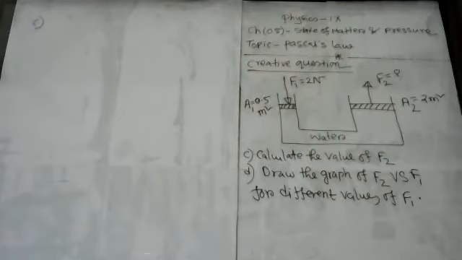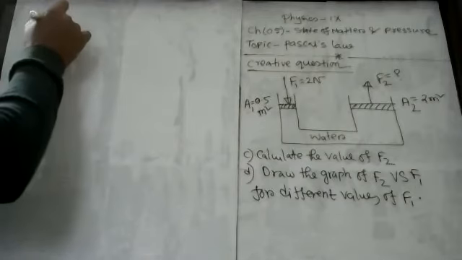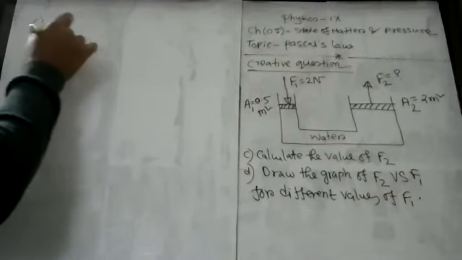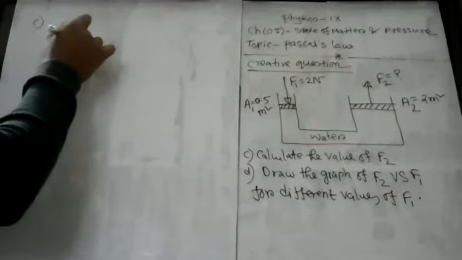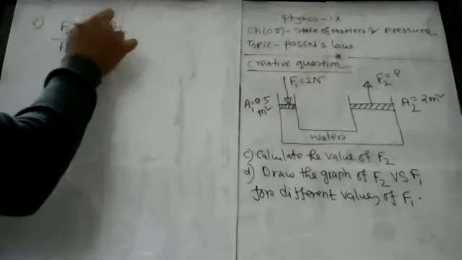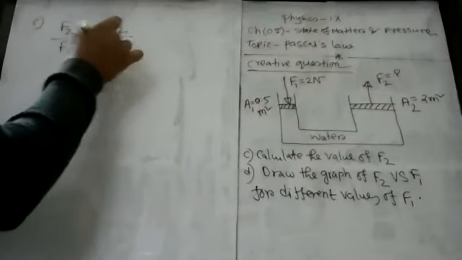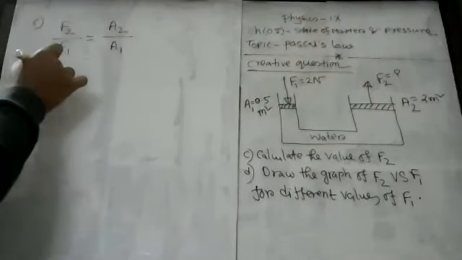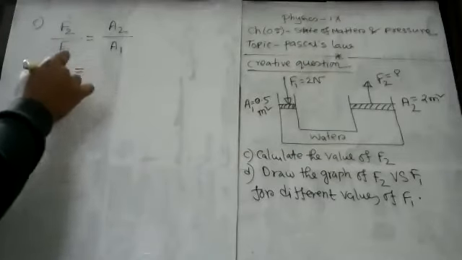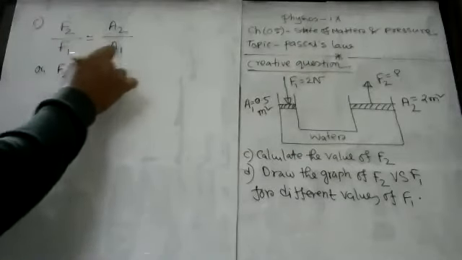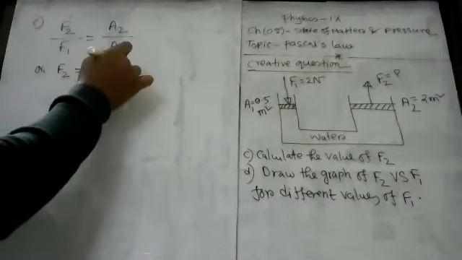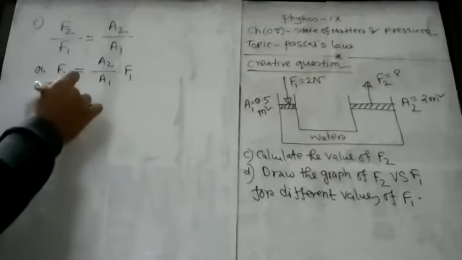You know that F2 by F1 equals A2 by A1. So the value of F2 equals A2 by A1 multiplied by F1.